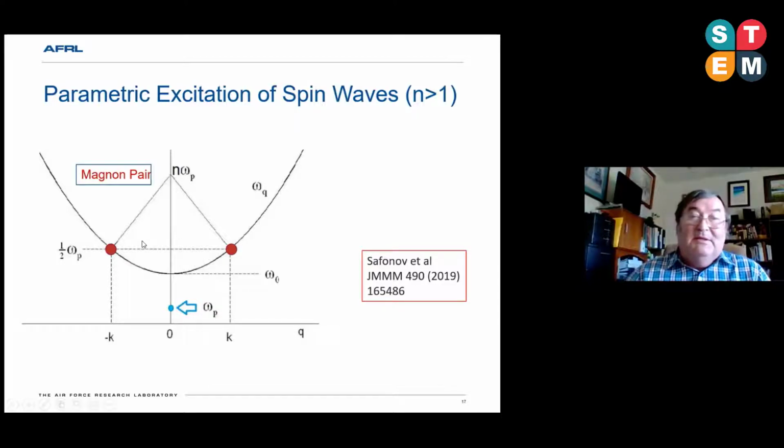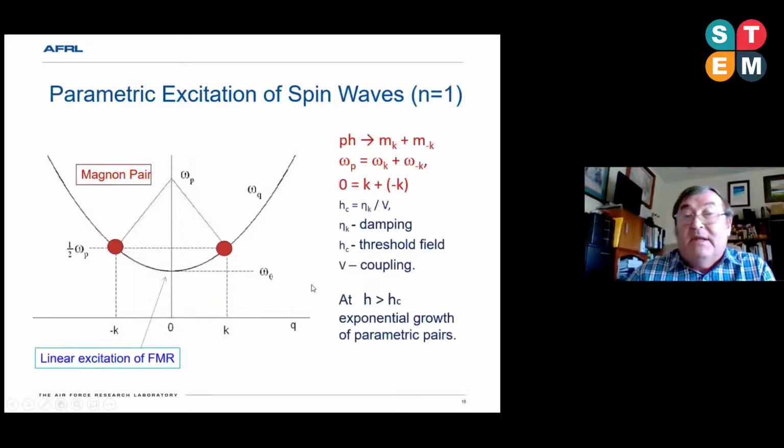we apply several photons here. The original photon frequency is here, but we apply several photons, and in this situation we have the nth parametric resonance, which excites the same pair.